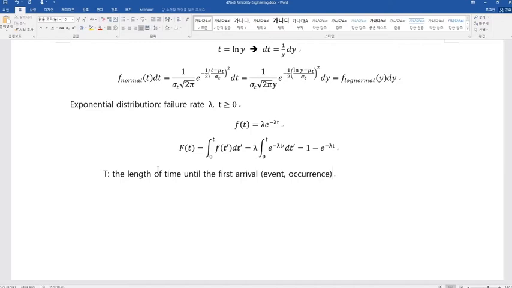Or when we talk about the failure of components, then the time until the first failure occurs.